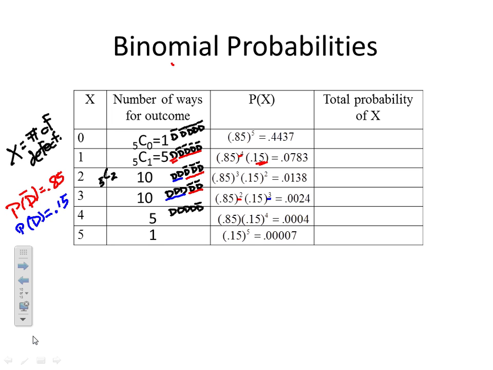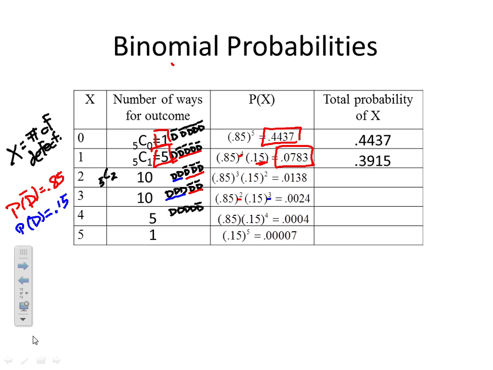And then finally, to get the total probabilities, we take the total number of ways that we can come up with each of those. So this would be this first one. There is one way to come up with 5 working scooters. There are 5 ways for the next, so this would be 5 times 0.0783, 0.3.